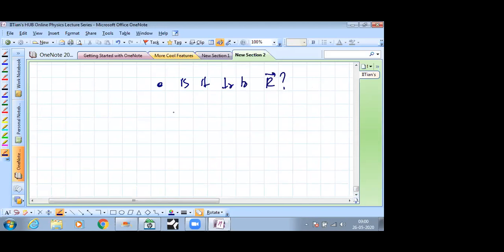So for that, this unit vector's dot product with the resultant should be how much? 0. So just check. The unit vector given to us is i cap plus 8j cap divided by root 65. And the resultant we had calculated, go back there, was 16i cap plus 2j cap.